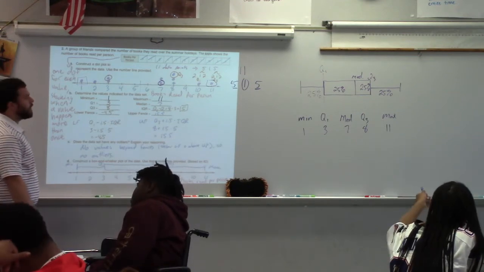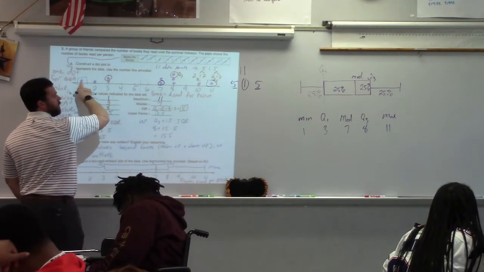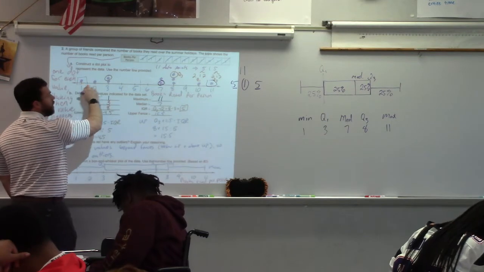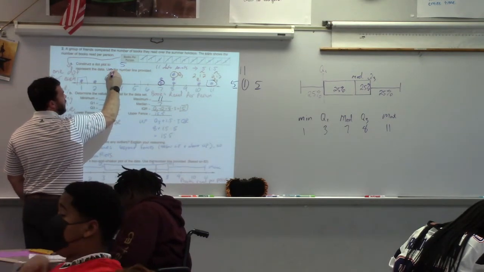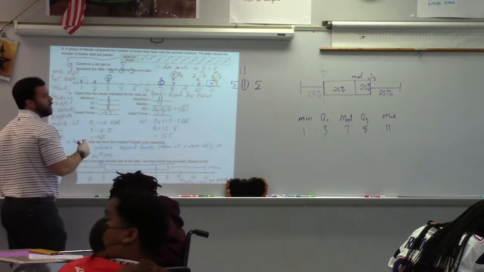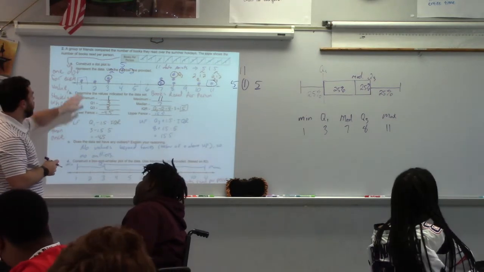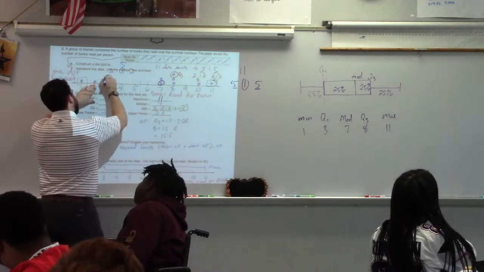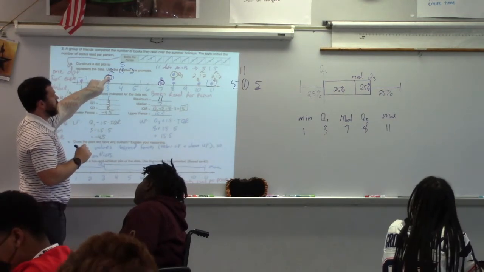Now, from there, how many data points are below the median? 5 of them. So if I take 5 and I split it up, I would go 2, 1, and 2. You see how the 1 would be in the middle of those 5 data points? So 1, 2, 3. That third is my first quartile.